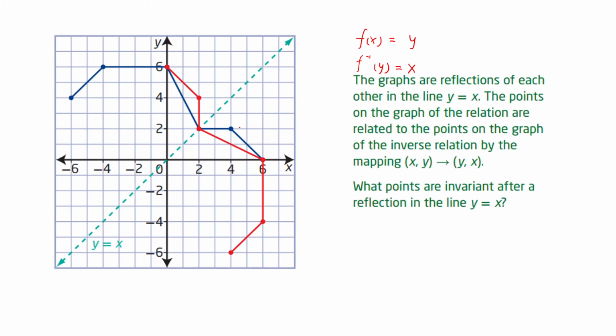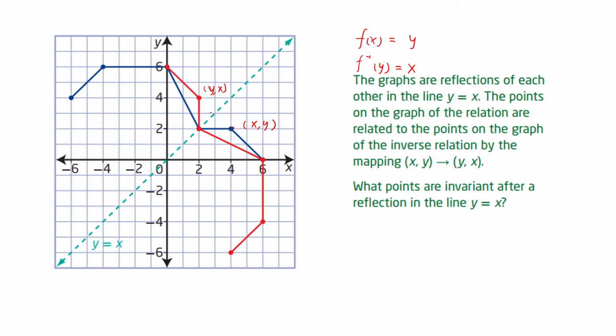That means any point (x, y) will become (y, x) on the inverse function. So the inverse function is a reflection of the function in the line y equal to x. That is, it's symmetric with the line y equal to x.